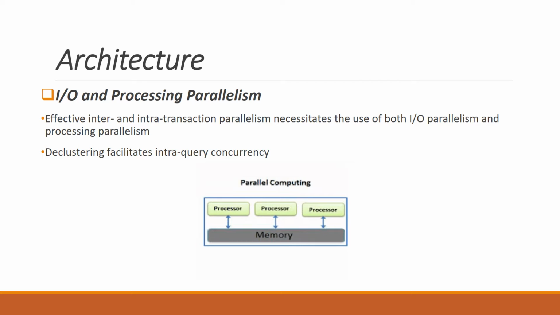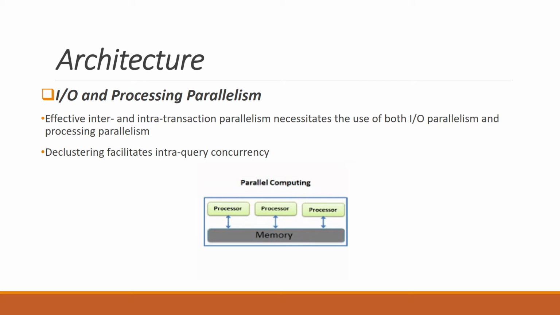Input-output parallelism requires that the database should be distributed across data blocks, which is known as declustering, within conventional disk farms or disk arrays. Declustering facilitates intra-query concurrency by reading and writing massive quantities of data analyzed by a single request from or to disk drives in parallel.